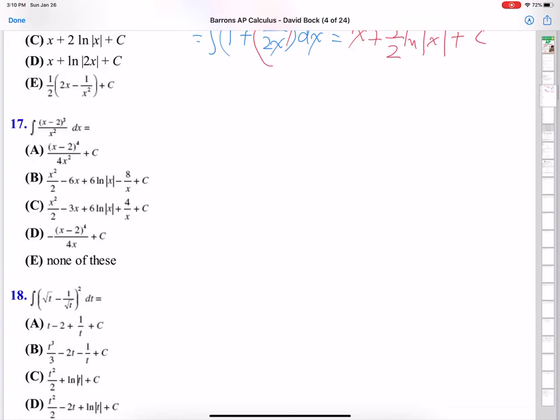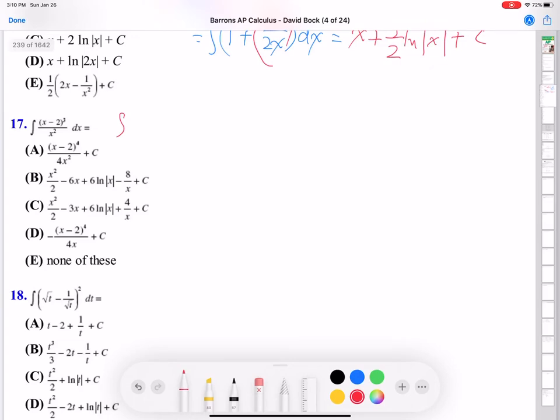17. Okay, number one. I will expand the numerator part. Do you know (a minus b) cubed? It's a cubed minus 3a squared b plus 3ab squared minus b cubed.